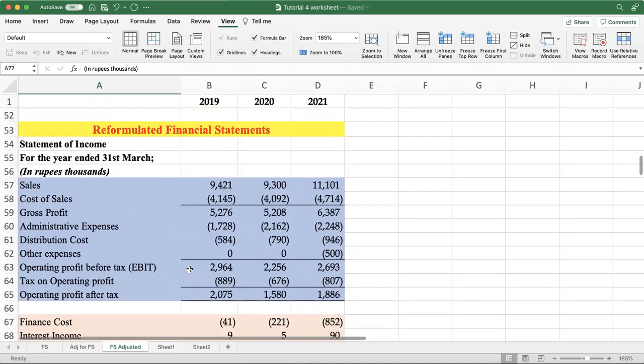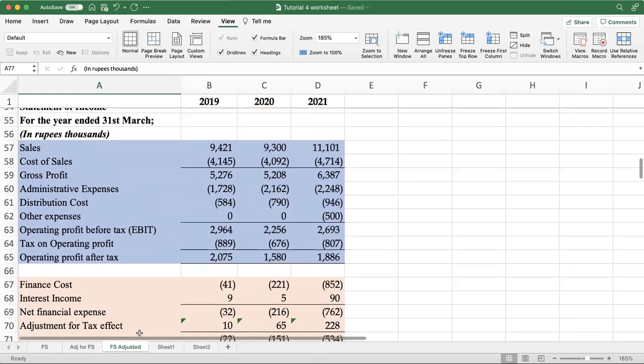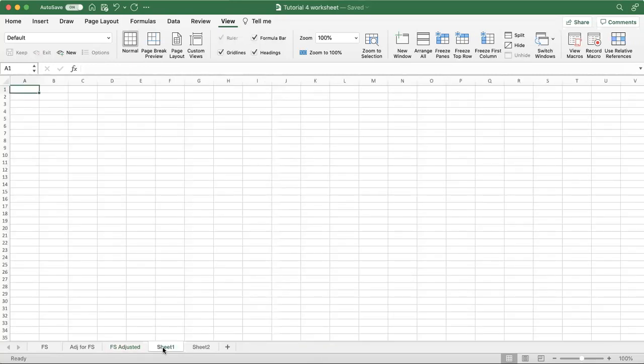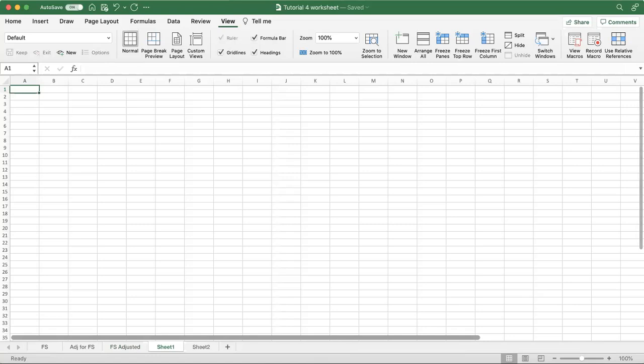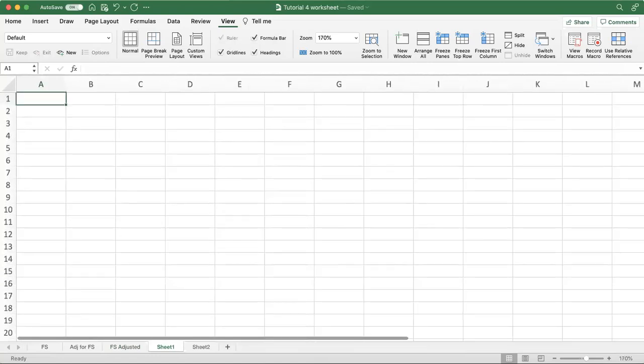So last time we completed these. So we'll have a separate Excel sheet. Right. So we'll say this is profitability analysis. So you can name this sheet profitability analysis.